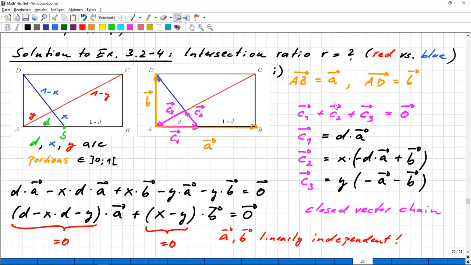Perfect. And the vector sum of these three is equal to the zero vector. Now it's important to see that because these are three vectors building a triangle, it's obvious that they are linearly dependent.